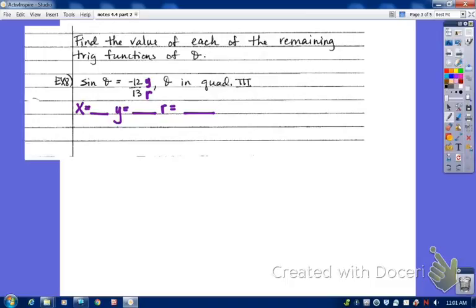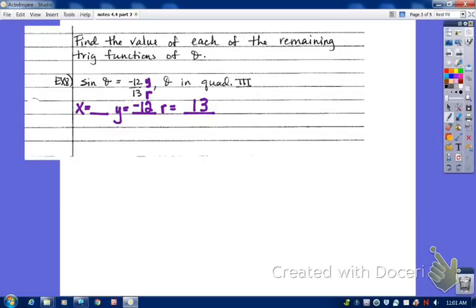So if they tell you that the sine is negative 12 over 13, the bottom number has to always be your radius, and it will always be positive. So if your fraction's negative, the top part you need to think of as being negative, because the bottom number is going to represent the radius. So that means the y value is negative 12.